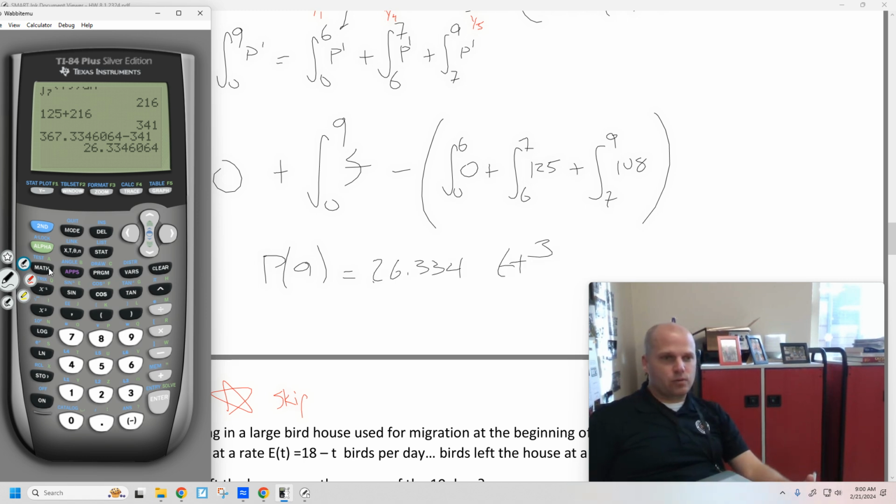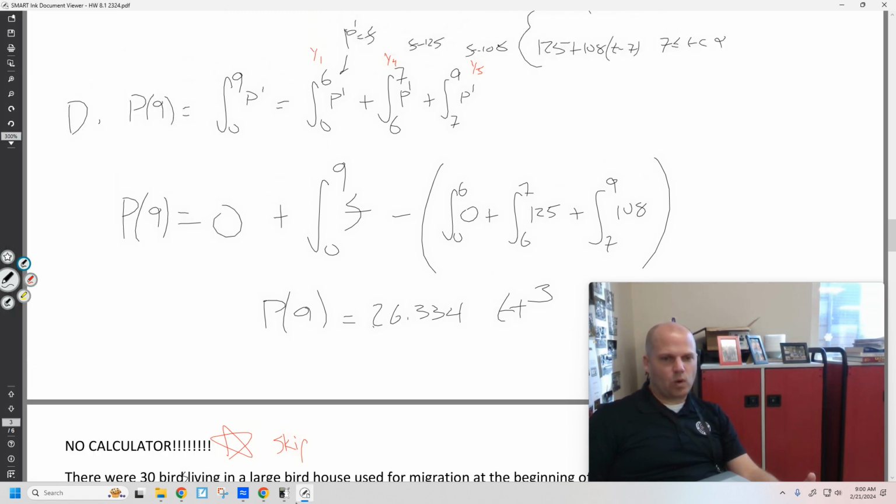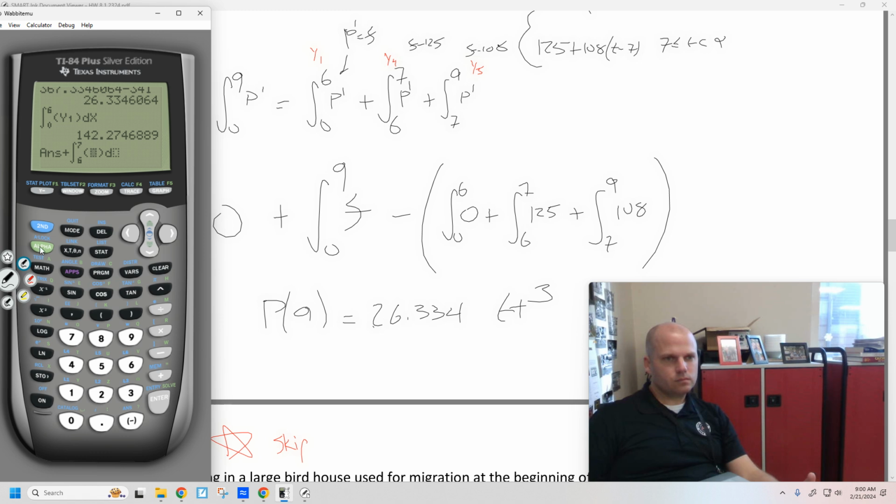Let's get that value the different way. Math 9, 0 to 6 of P prime, which is just F minus 0, plus 6 to 7 of P prime, which is Y4, which is F minus 125, plus 7 to 9.